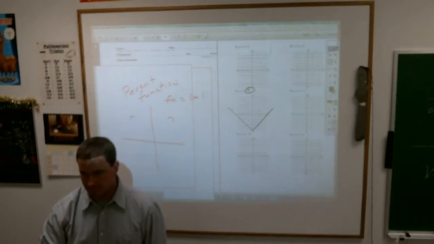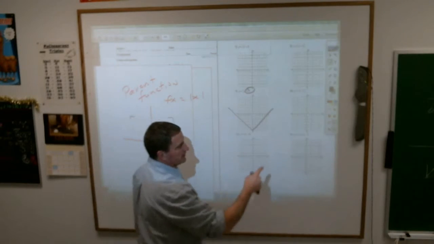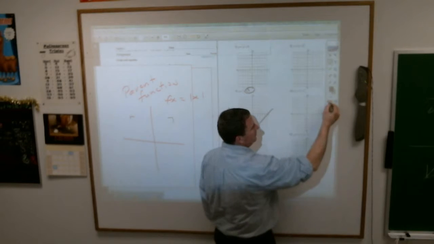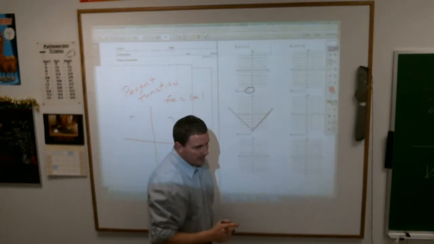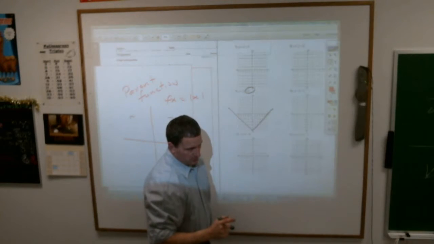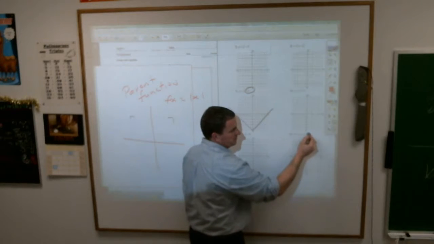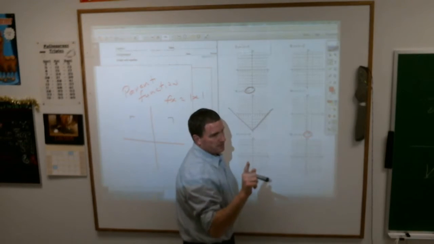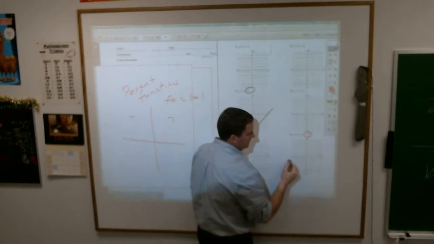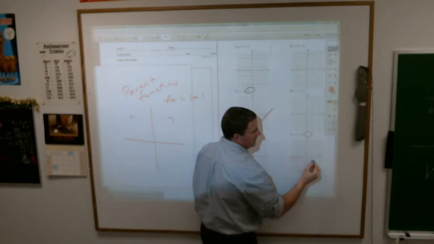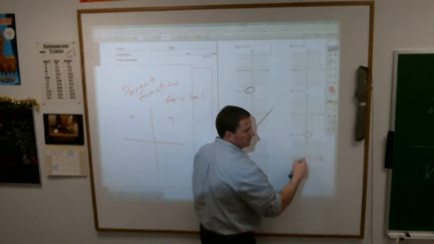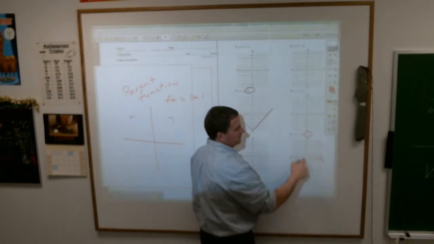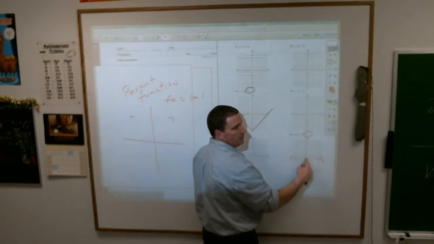Okay, if you go look at problem number 12, if you got problem number 12 right, your vertex fell somewhere on this -1 line where y is. Now this doesn't tell me where right or left it goes, but the little V is going down to the -1 spot.